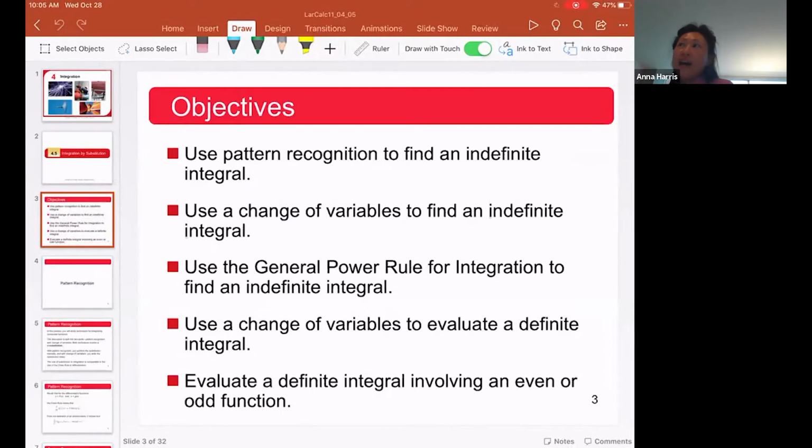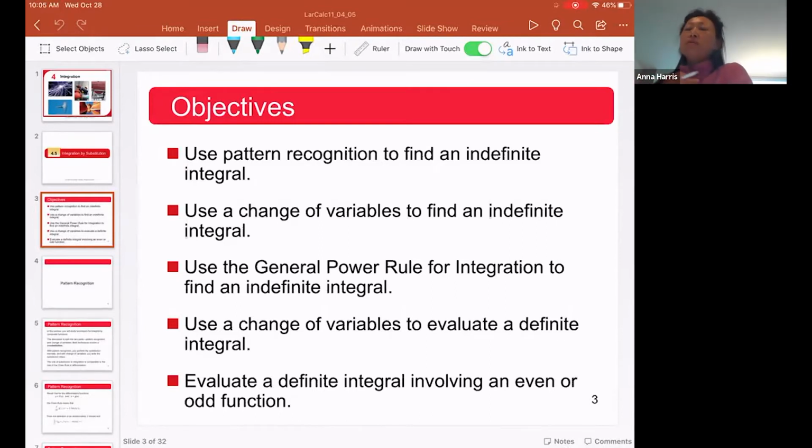I call it the anti-power rule because with the derivative you reduce one power, and with the anti-derivative you add one power. With a derivative, your power becomes your coefficient and you multiply; with the anti-derivative, your power becomes a denominator.